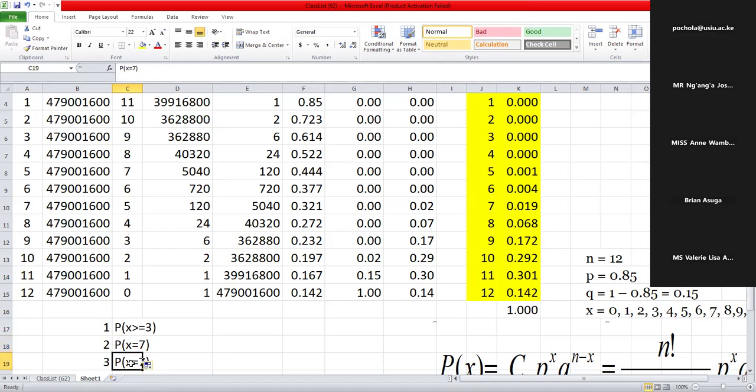Let me write it for you here. So now it means X is between 4 and 12. You need to write less than or equal to here.